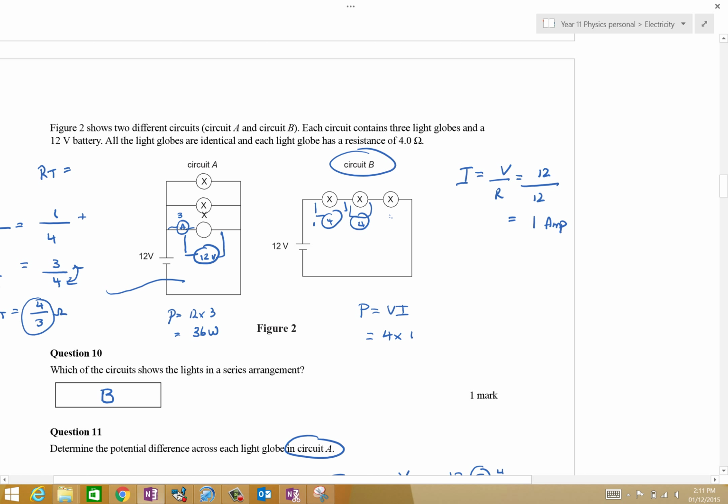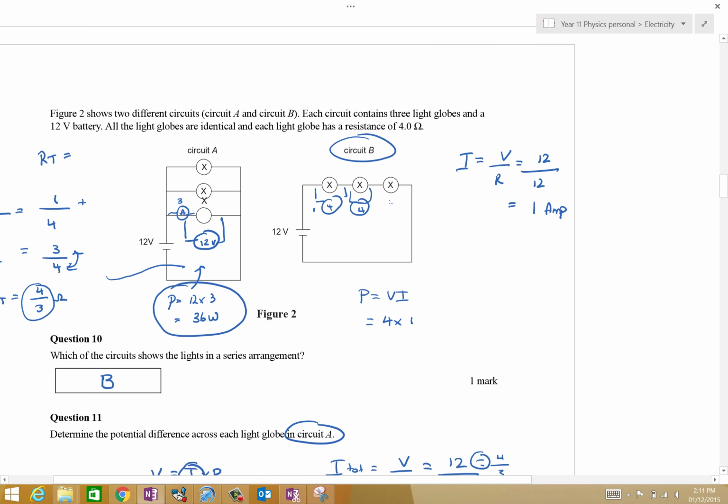So which one's going to be brighter? Isn't this one going to be brighter? Yeah, more power crossing.